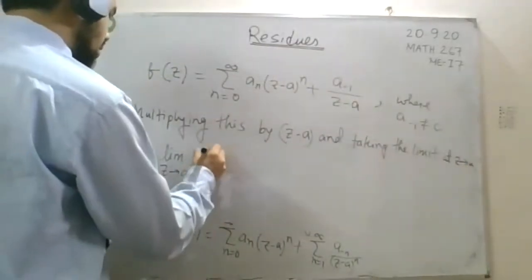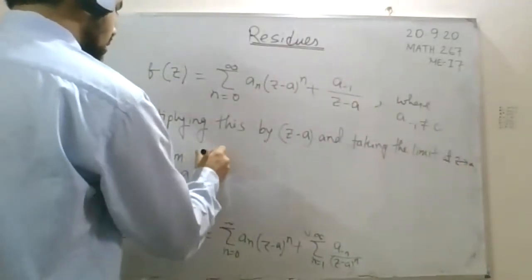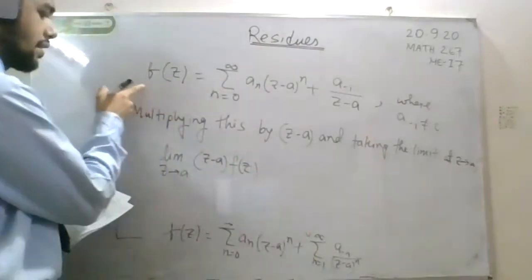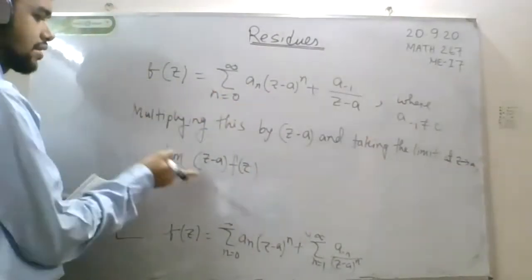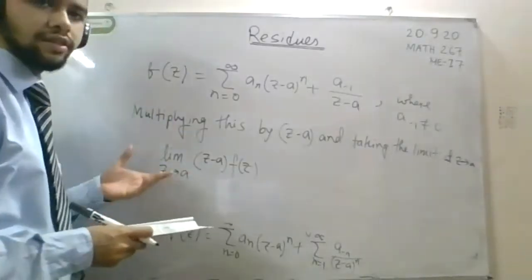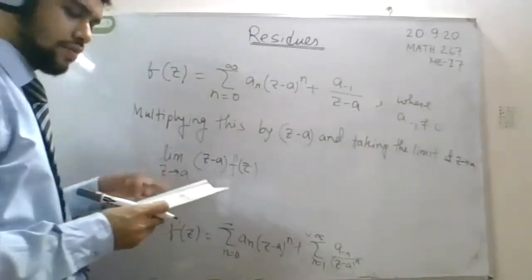Just multiply here by z minus a and also take the limit z tends to a. You can get your required answer or the residue of the function.